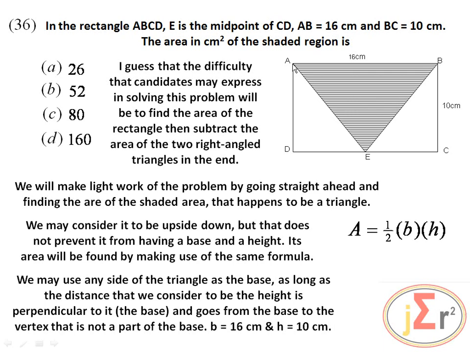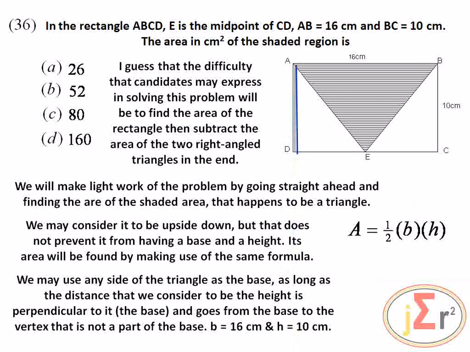In this particular case, we are choosing the base as AB. Therefore, we have the vertex A and the vertex B. So what we choose to be the height must go from the base to the other vertex and is required to be perpendicular to the base.